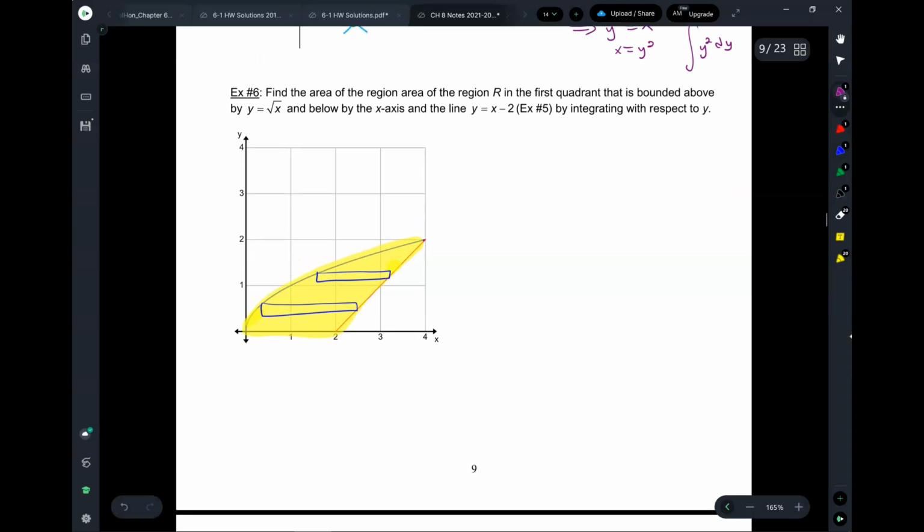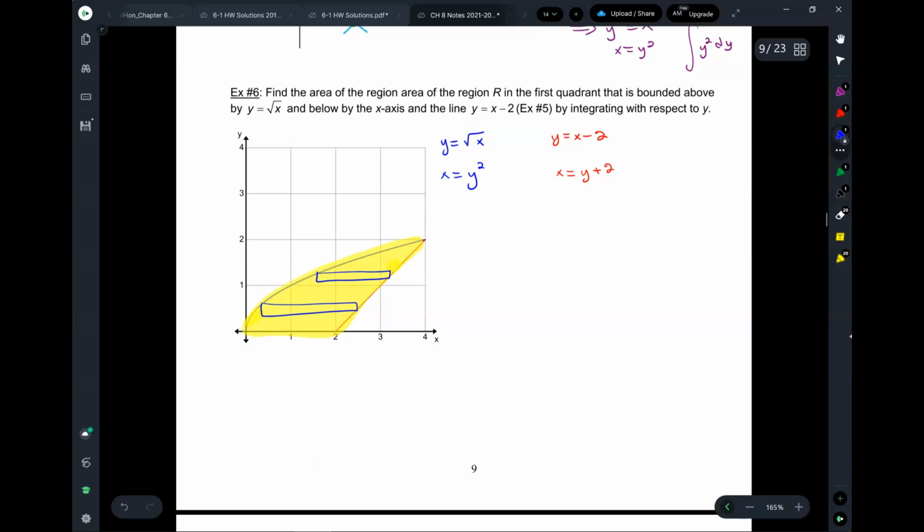To do it in terms of y, I have the first function. Let me color code this. That one was blue: y equals root x. You solve it for x, and x is y squared. The other one, y is x minus 2. Solve it for x, it's y plus 2. Now, where are the boundaries?